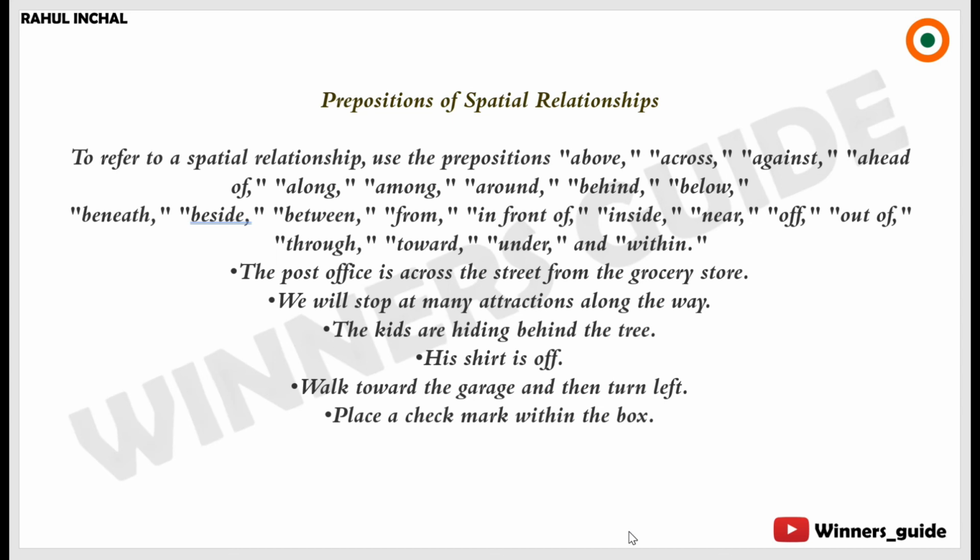Okay, for example, the post office is across the street from the grocery store. We will stop at many attractions along the way. The kids are hiding behind the tree. His shirt is off. Walk toward the garage and then turn left. Place a check mark within the box.